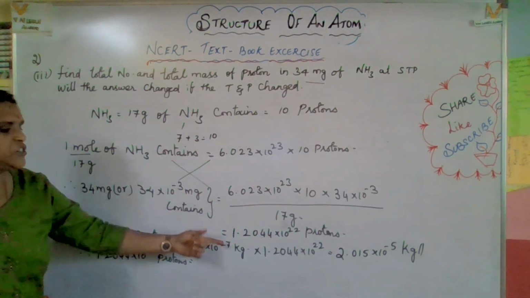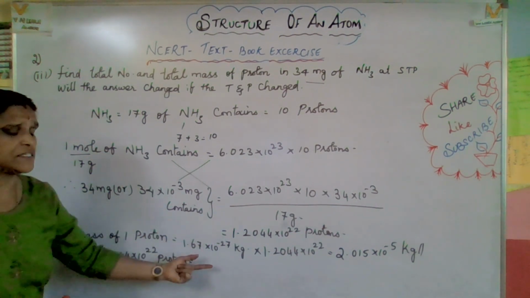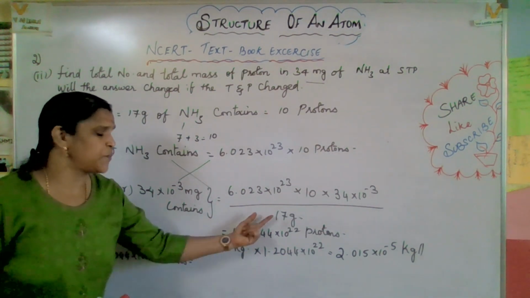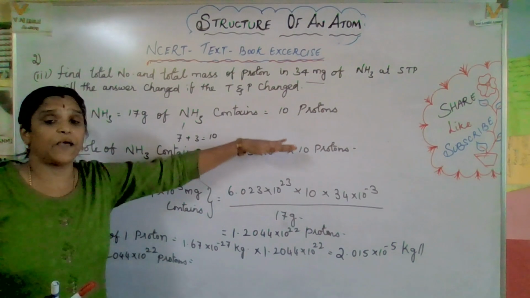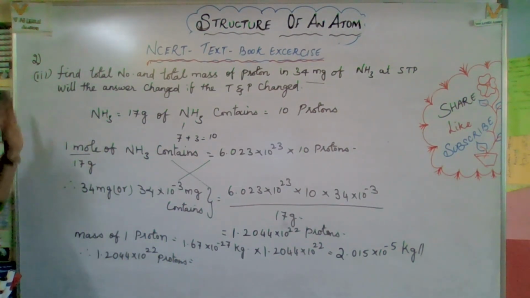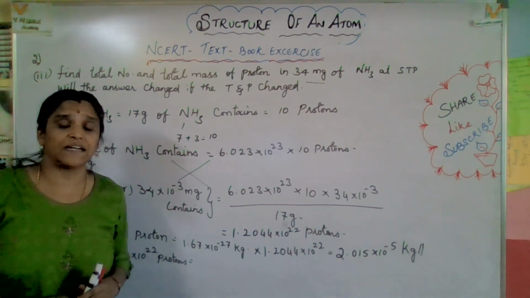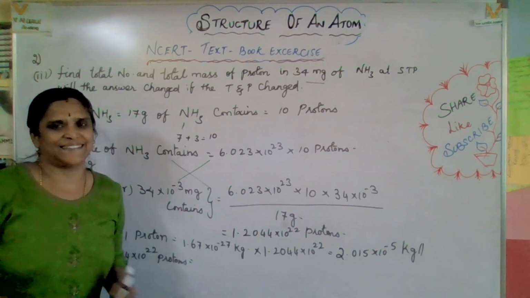So how much are you getting? Then from that, 1 mass of proton is this much, so this many protons contain how much? So you will go orderly, one by one, step by step. I hope you got a clear idea about the first and second questions from NCERT textbook, second chapter, structure of an atom.